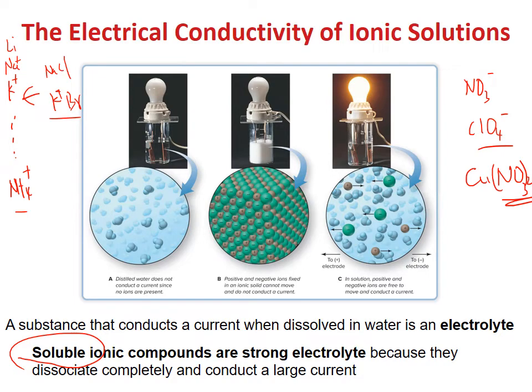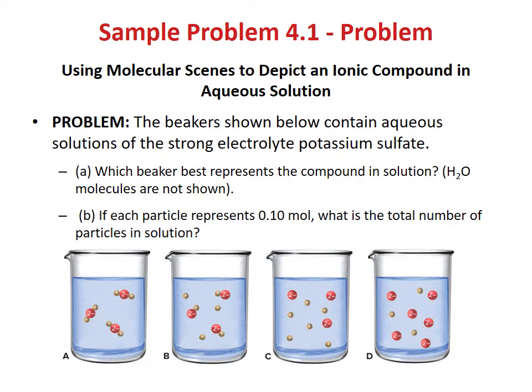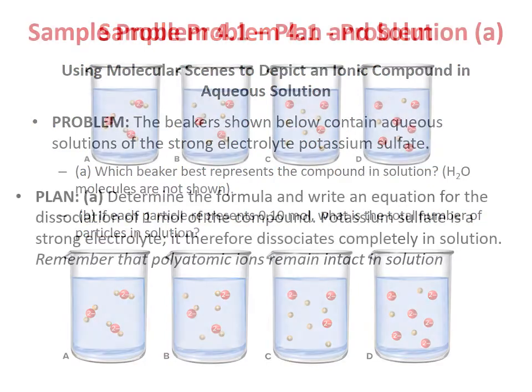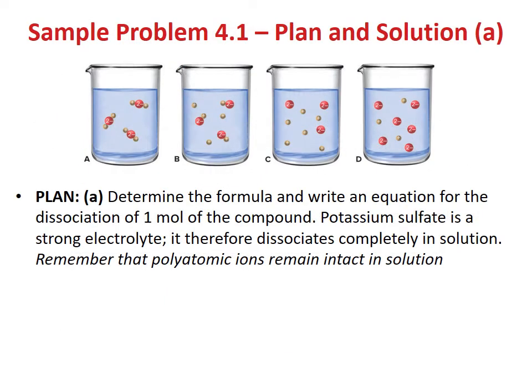Sample problem 4.1. The beakers shown below contain aqueous solutions of the strong electrolyte potassium sulfate. Question A. Which beaker best represents the compound in the solution? Water molecules are not shown. To answer A, we first need to determine the formula and write an equation for the dissociation of one mole of the compound, potassium sulfate.